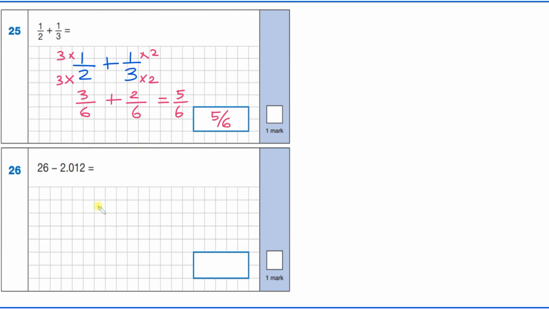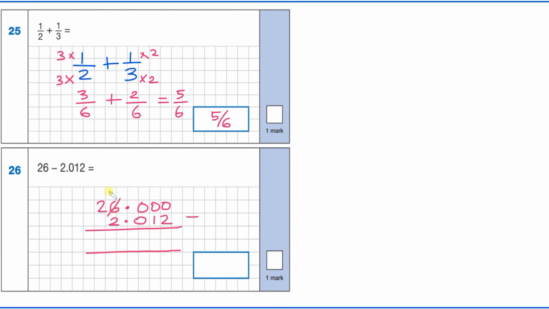Another question, 26. Decimal number, 26 whole number, decimal at the end, and 2.012. Now 0, 0, 0, and take away one from the other.